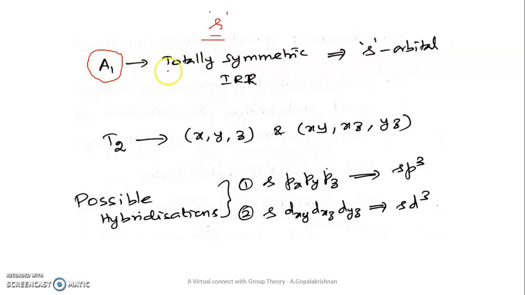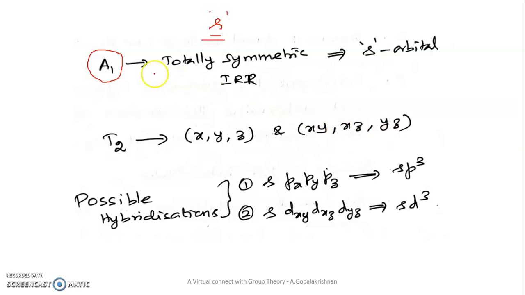So along A1 we have the s orbital. Then in T2, in the third column we have the set x, y, z, and in the fourth column we have the set xy, xz and yz. See, x, y, z correspond to p orbitals. xy, xz, yz correspond to d orbitals.